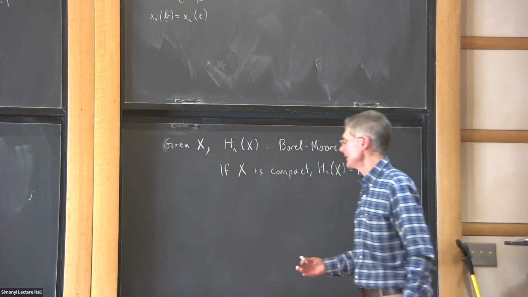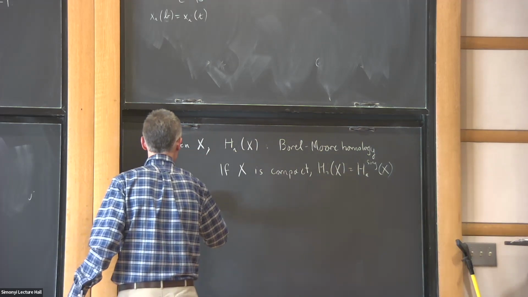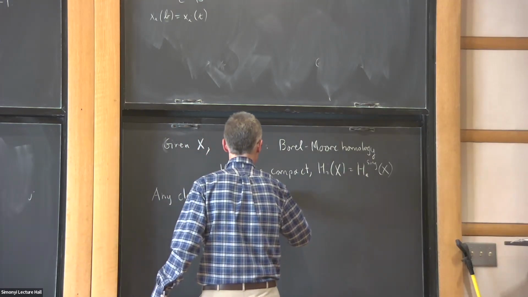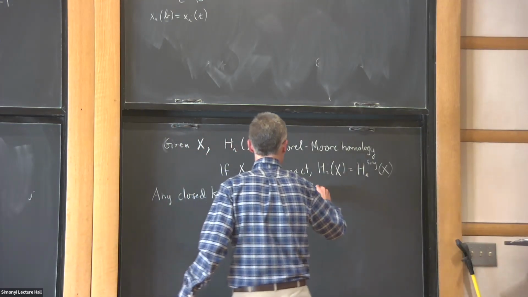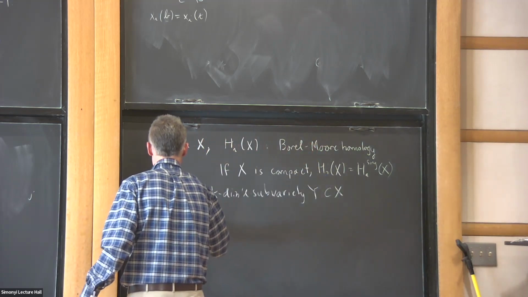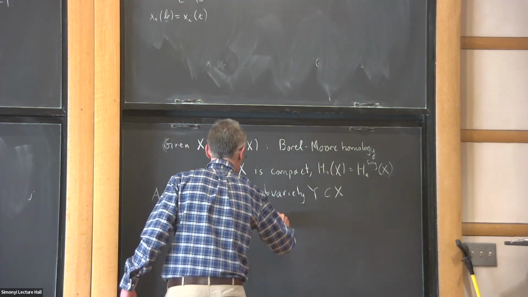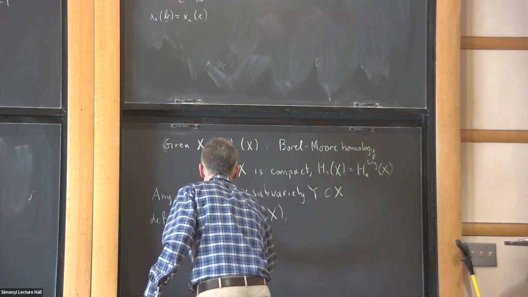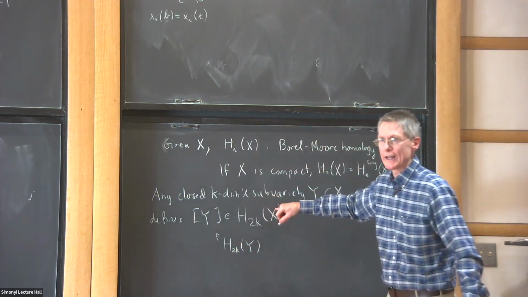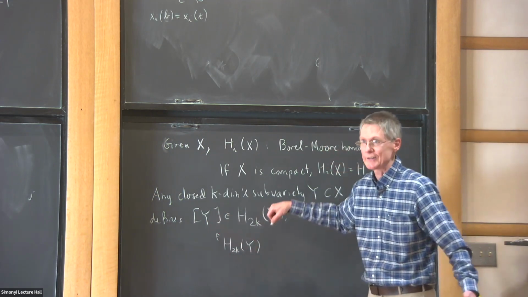However, the nice thing about this is that any closed k-dimensional subvariety Y of X defines a class [Y] in H2k of X. Actually, it's also in H2k of Y mapping into H2k of X. This is a little ambiguous because sometimes you're not sure which homology group you're considering it in.